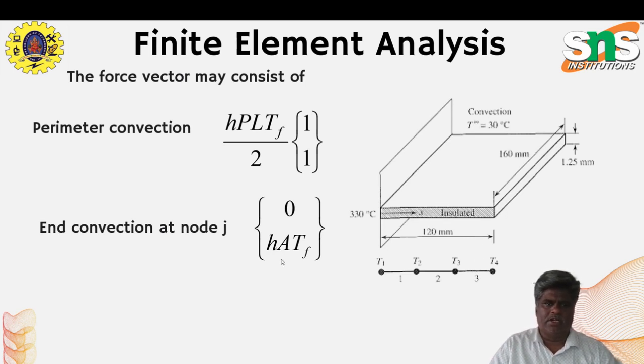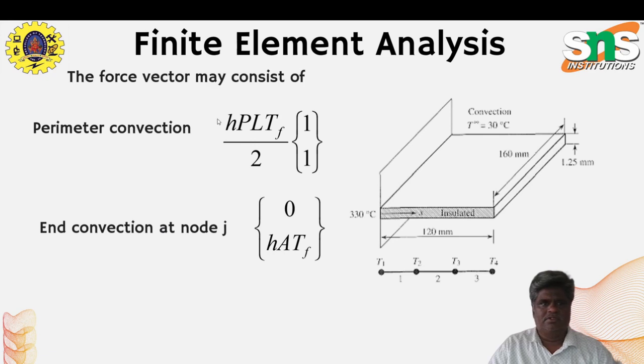That's why at nodal point J only, the convection coefficient, the area of the element and the temperature of the fluid come in. Then the other node I will be 0.